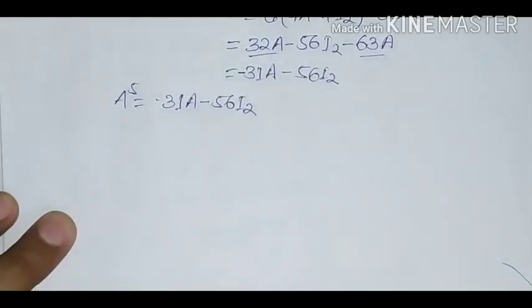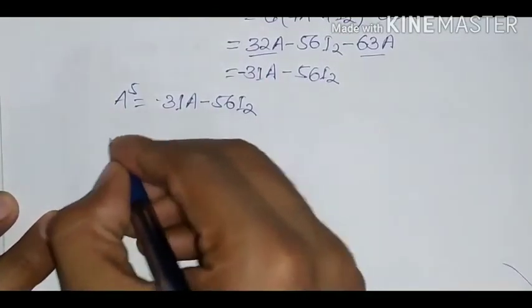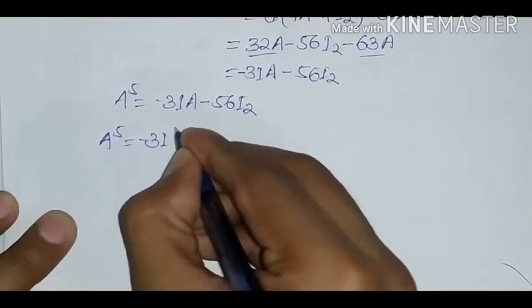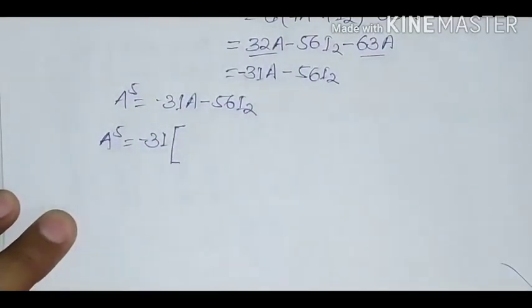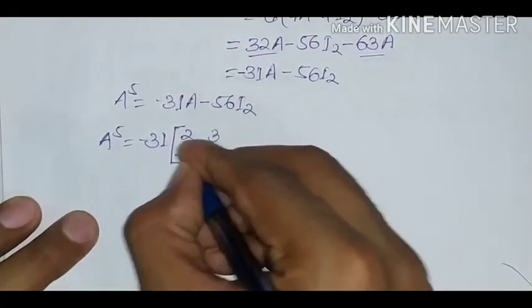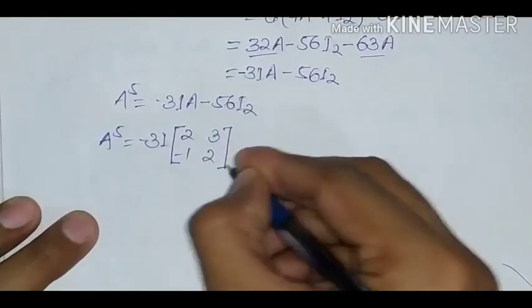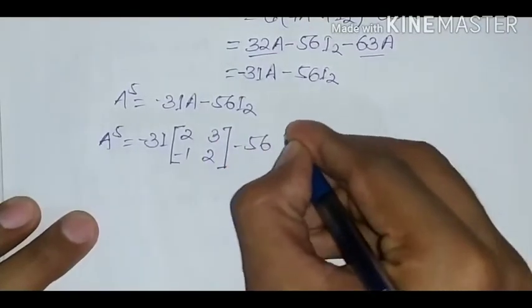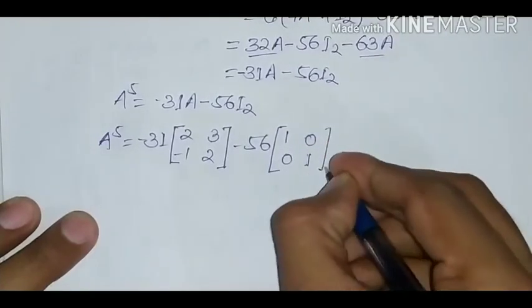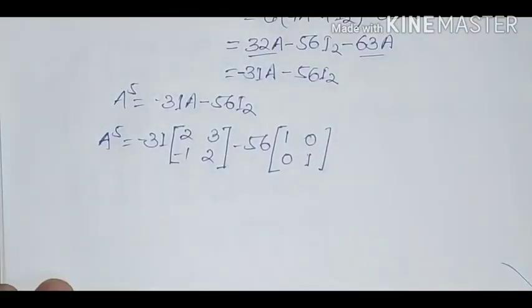By putting the values of a and I2, a to the power 5 equals minus 31 times a, and a is a 2 by 2 matrix, that is 2 3 minus 1 2, and minus 56 times I2, where the value of I2 is 1 0 0 1. This is an identity matrix of order 2 by 2.